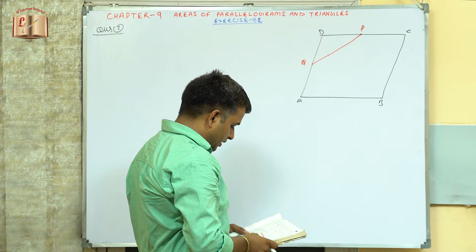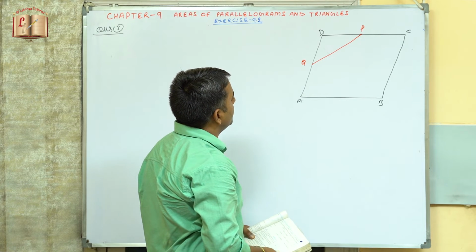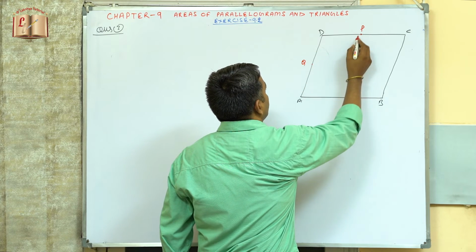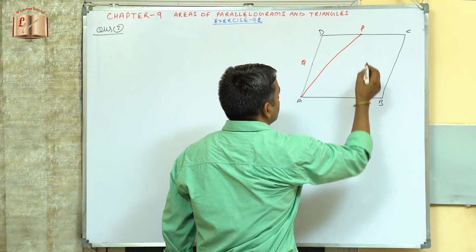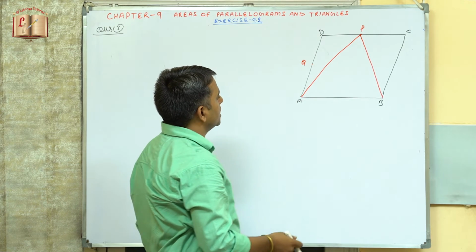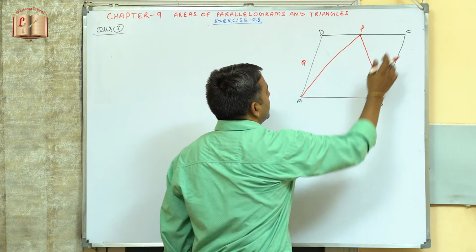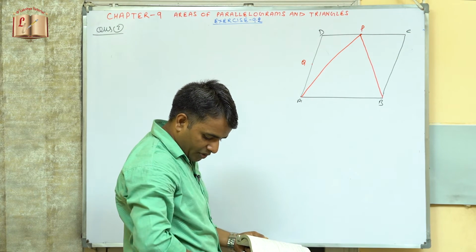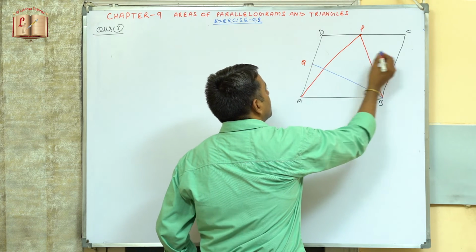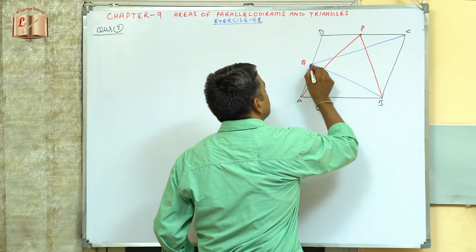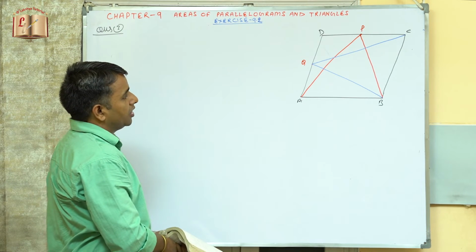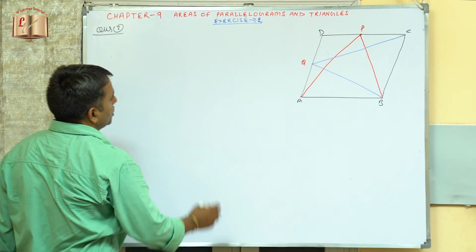Now it is given that area of APB, we can join these 2 points, area of APB is equal to area of BQC. So this is now BQ and this is C. We need to prove that the area of APB is equal to the area of BQC.